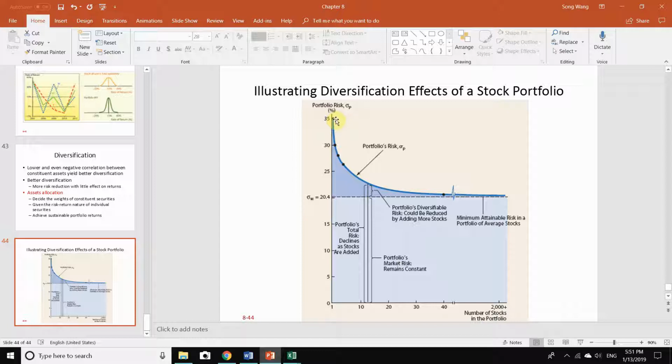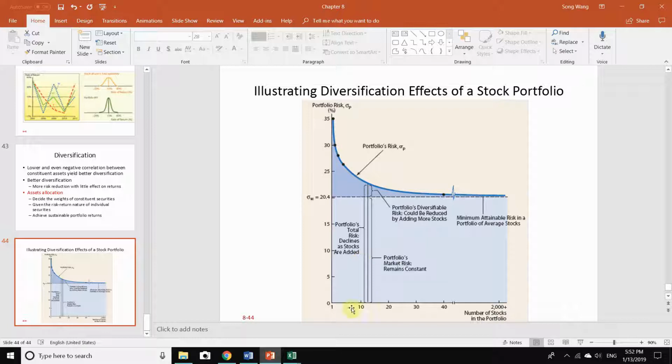If you pick another one, the portfolio becomes a two-stock portfolio, and the overall risk would be reduced from 35% standard deviation to 30%. If you keep adding more and more, your portfolio risk will be reduced from 35 to 30 to 25, and on and on, and eventually it will reach the market risk, which is at 20.4%.